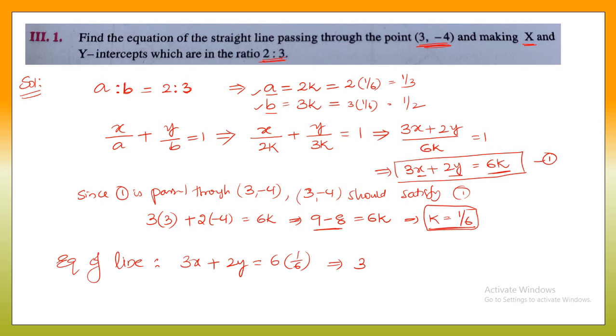So what is the equation of the line that I got? 3x plus 2y is equal to 1. If you take the x-intercept and y-intercept, we are going to get them in the ratio of 2:3. Hence the answer is 3x plus 2y is equal to 1.